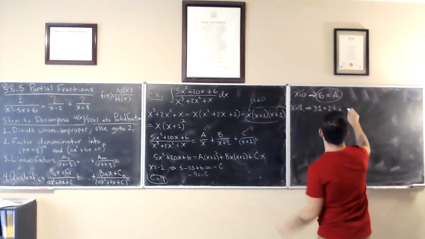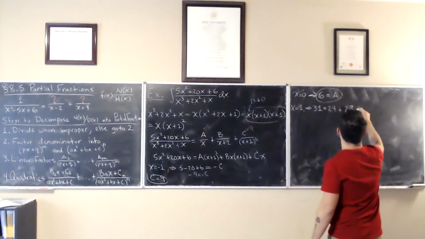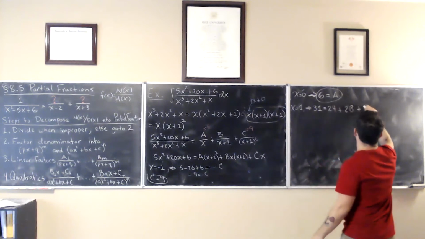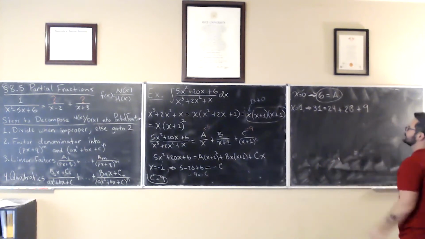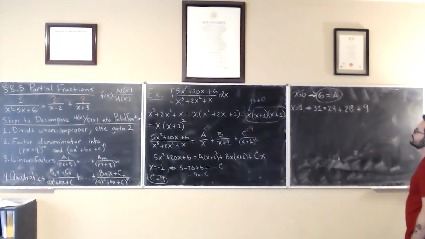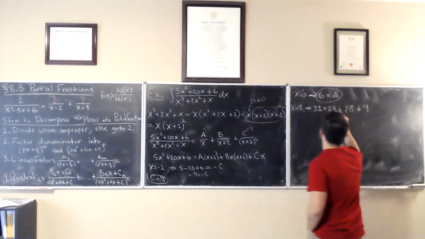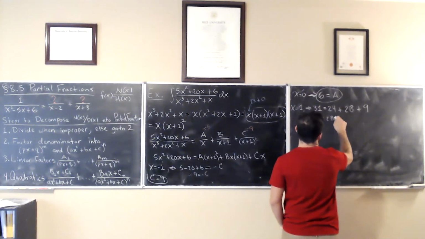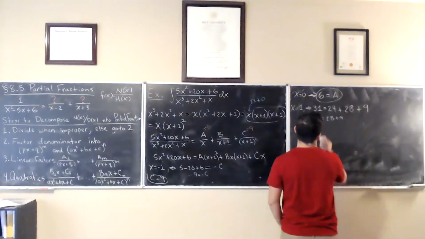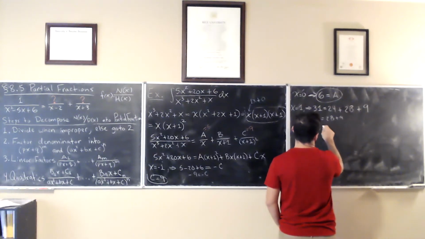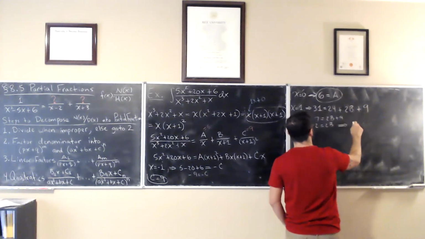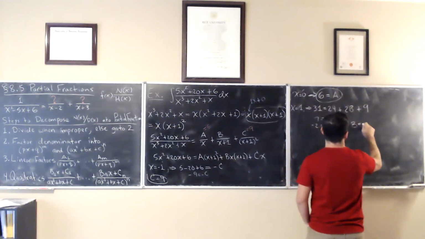So the 1 plus 1 right there, plus 9. So what does that mean? If I subtract 24 on both sides, I get 7 is equal to 2B plus 9, which means that negative 2 is equal to 2B, which means that B is negative 1.